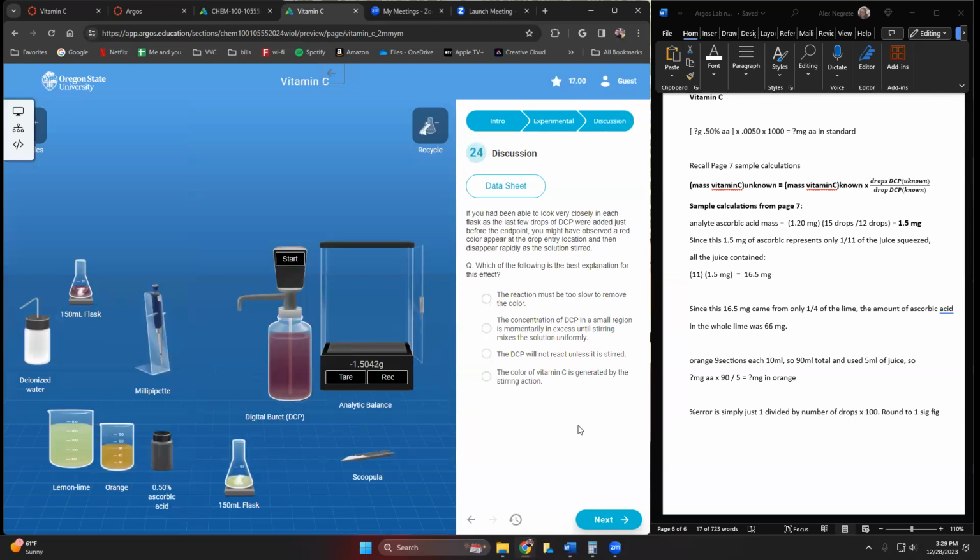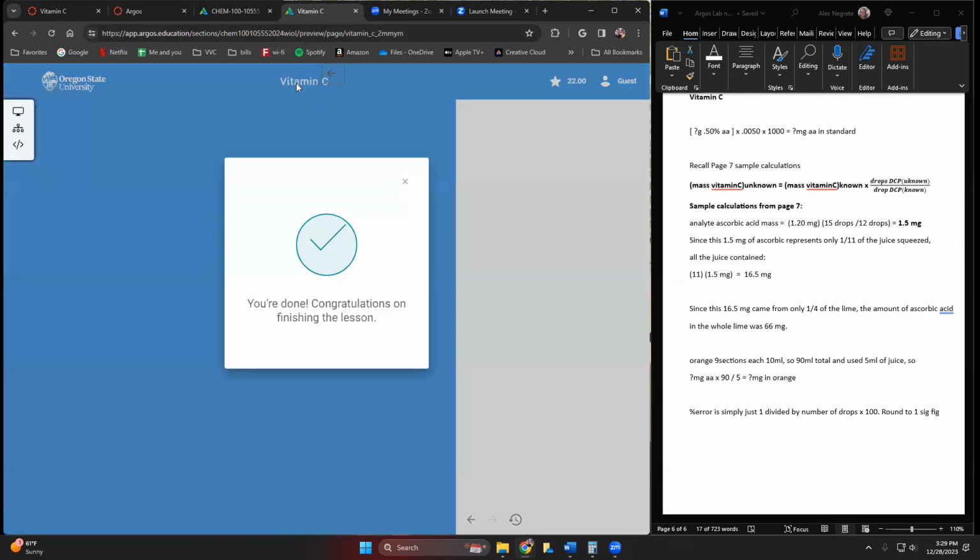But as you're stirring it, we get excess, which then removes that color. So it's just a really small region where it hits the solution first where we get that small reaction. So if you had been able to see this live, you would have been able to see that swirl that I talked about. And that should be it for the lab here for vitamin C.